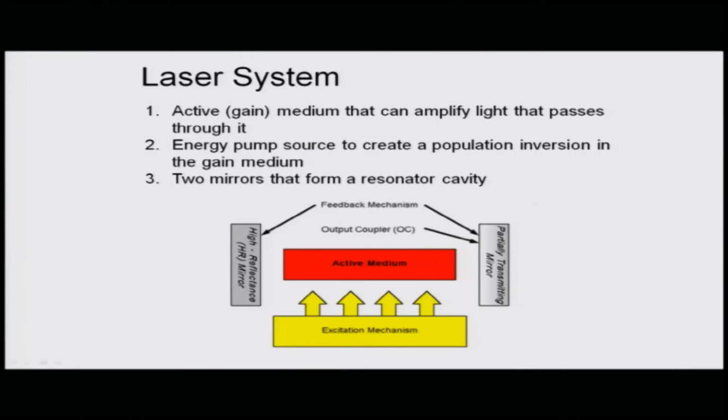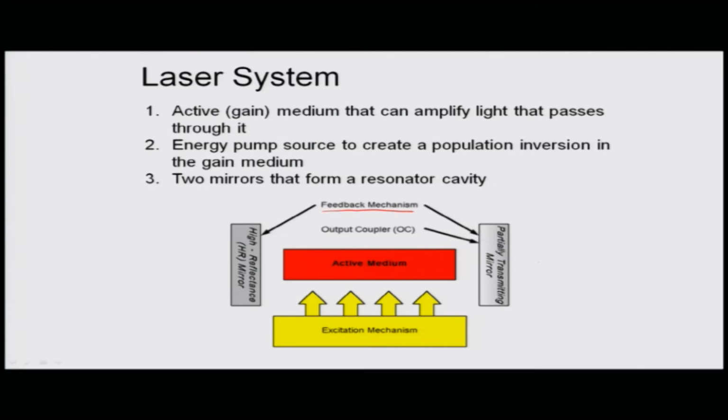So, in some sense the laser system can once again be looked at as the active media which is being excited or pumped by the excitation mechanism, and which is being put inside a resonator, one side to have the feedback mechanism.